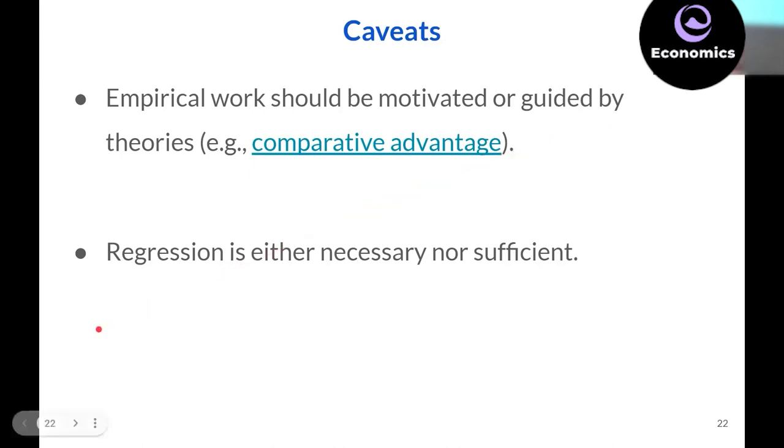Regression, linear regression, you probably learned quite a bit in your econometrics class and spent some time to figure out how it works. But just keep in mind, regression should be neither necessary nor sufficient. Sometimes you don't want to just jump in and run a regression without knowing how to interpret the result.